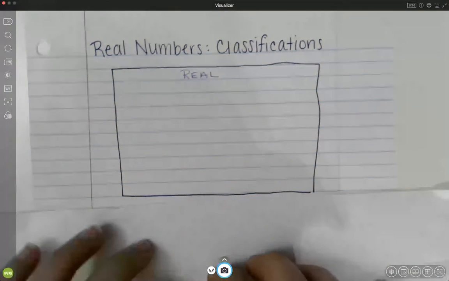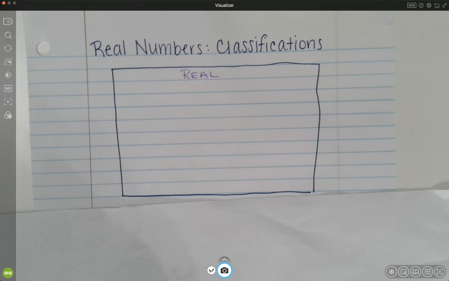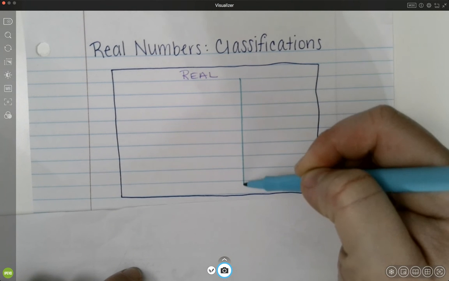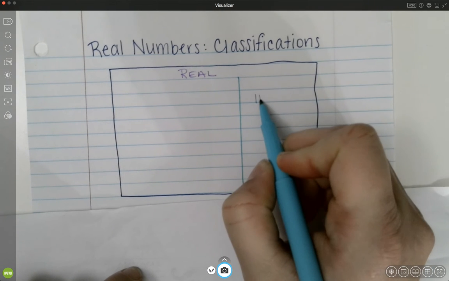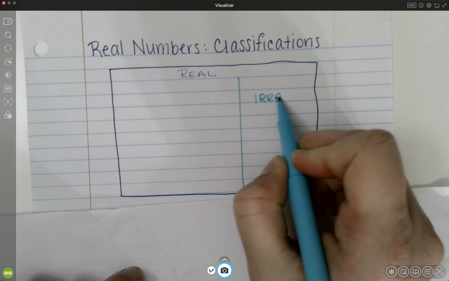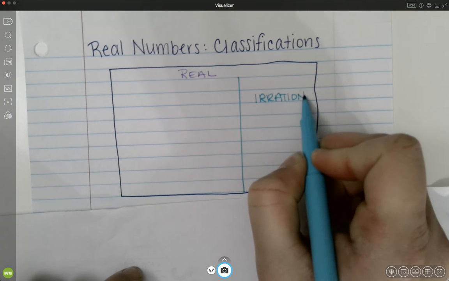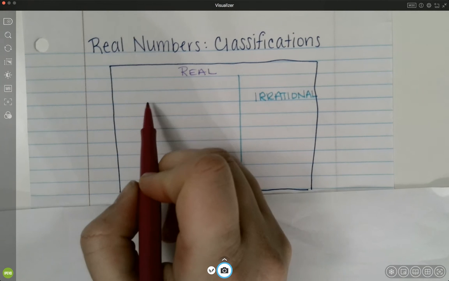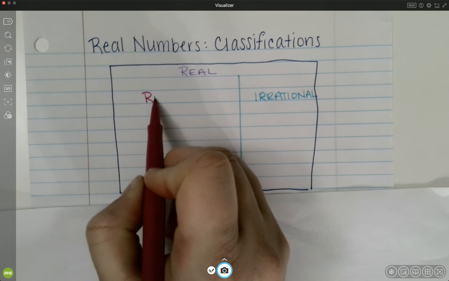There are then two big categories that deal in real. We have what's called irrational numbers, and on the reverse of that, we have what's called rational numbers.